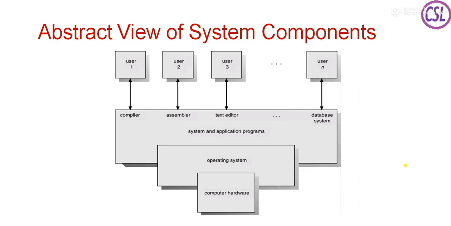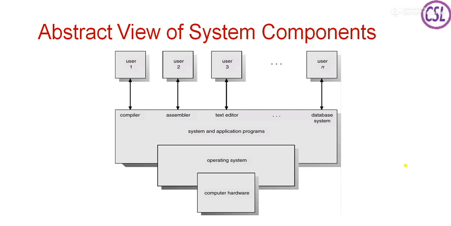Suppose a user tries to insert data into a database system. He has to install a database server like Oracle or SQL Server. Then he interacts with that SQL server or database system, and only through that can he communicate with the computer system.